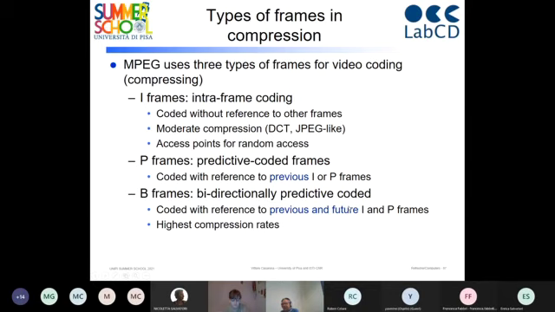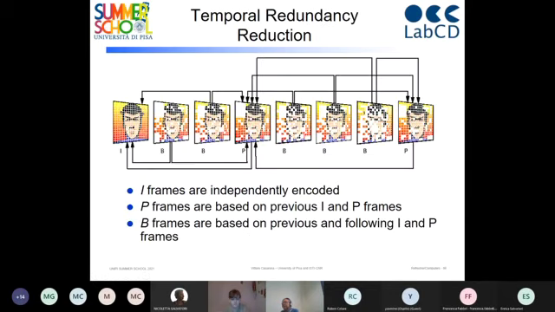This is possible because the encoder has the frames altogether. It's not that the decoder will see the frames one after the other, but the encoder has all the frames altogether. So the encoder can take what? This one is the reference frame coded as I, meaning the reference frame that does not need anything.